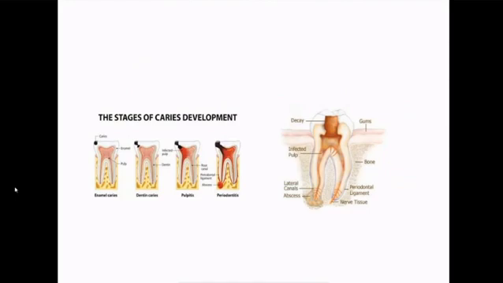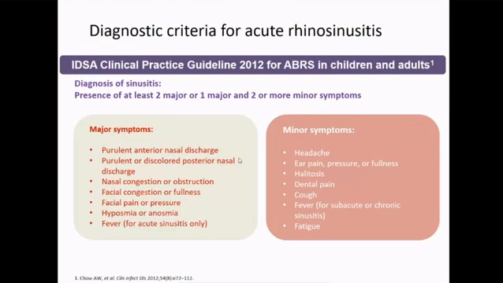Okay, this is the one that I explained just now, the stages of caries. This starts at the enamel only, and then dentin, and then eventually to the pulp, causing pulpitis, and then eventually causes abscess here. Okay, it's easy.